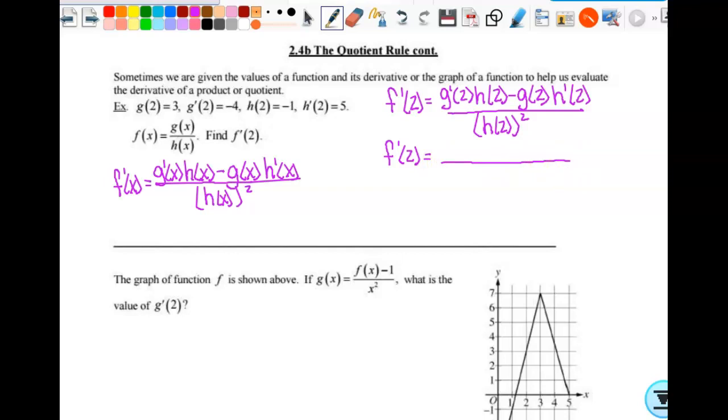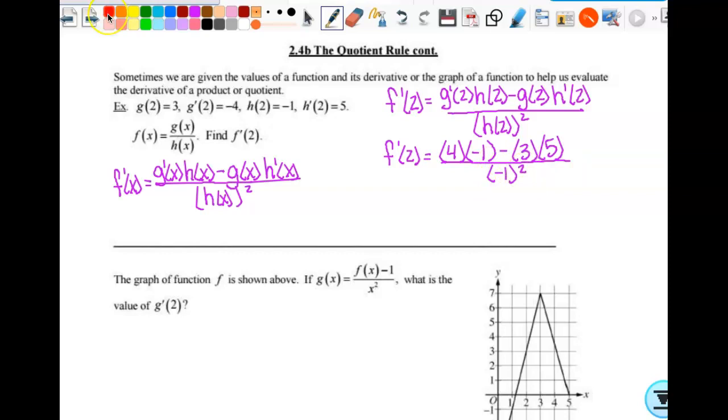So what is g prime of 2? Negative 4. So I have negative 4 times h of 2 is negative 1, minus g of 2, which is 3, times h prime of 2, which is 5, all over h of 2, negative 1 squared.